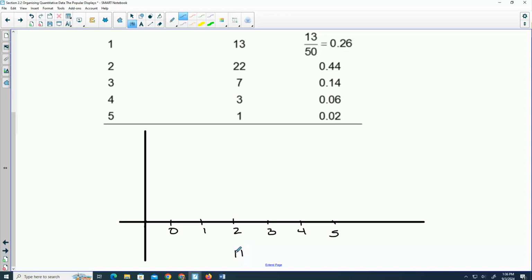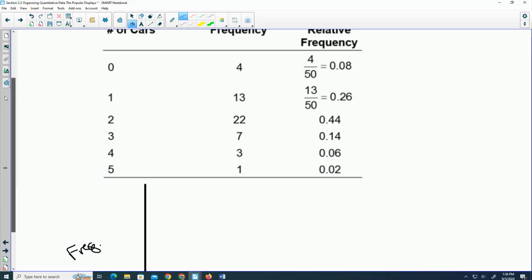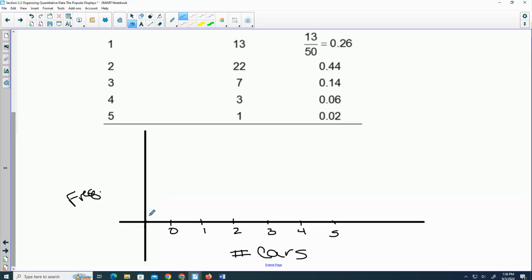And if you're going to make a graph, you need to label it. So this is the number of cars. And then my y-axis will be our frequency. If we look, our frequencies were anywhere from 1 to 22. So you could count by ones. I'm going to count by twos.